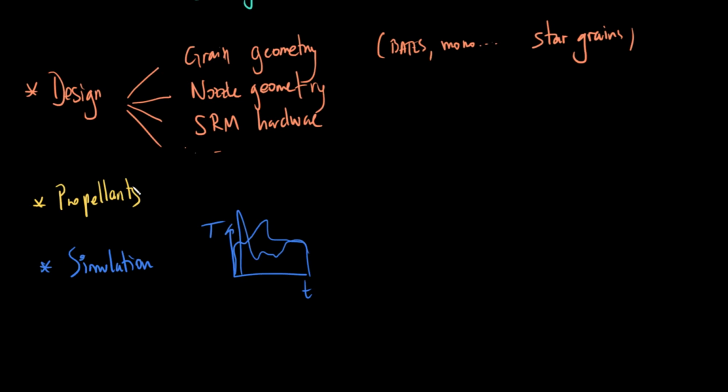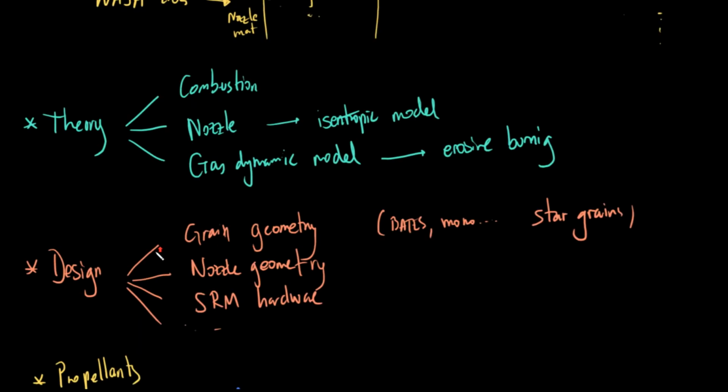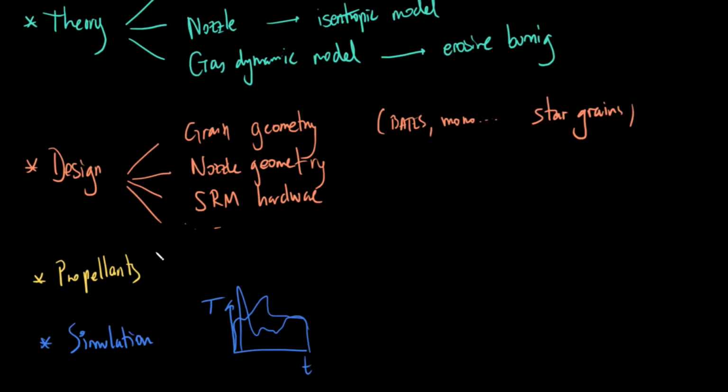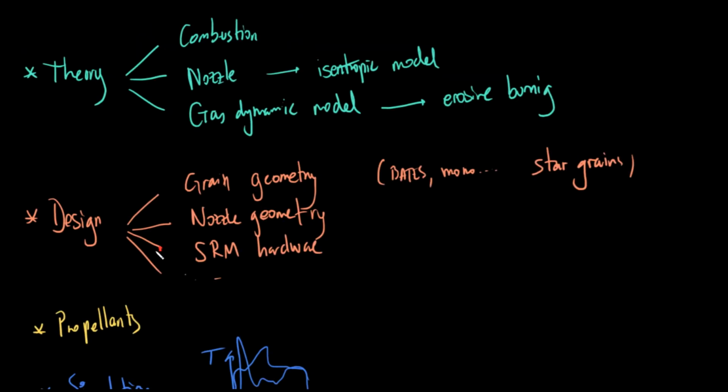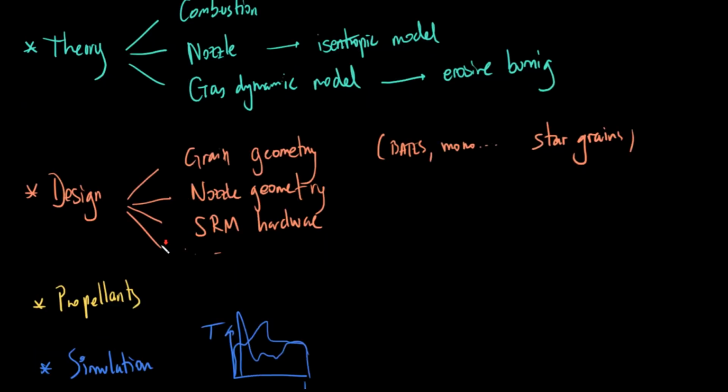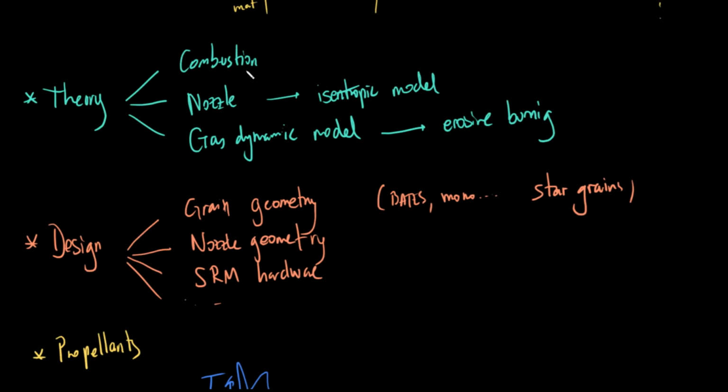But still, I'm gonna cover basic simulation. We gotta guess at least what a solid rocket is gonna do before we put it in a test bench. So simulation of the typical models. The isentropic model is very straightforward, very, very simple.